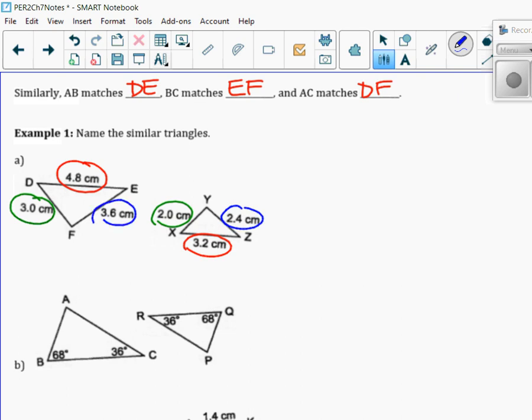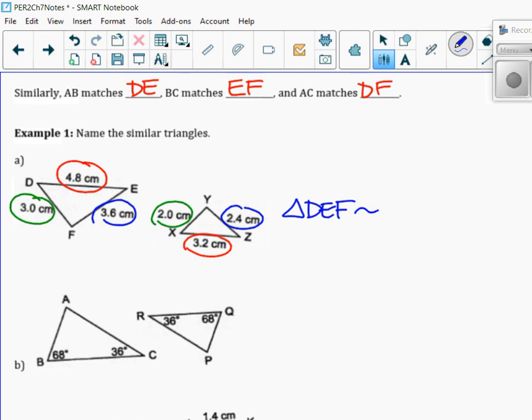So I'm going to start with the left triangle, and I'm going to go in alphabetical order. So, triangle DEF. So I'm doing alphabetically this way. And then, does everybody see DE is going through the red circle, which means I need to go through the red circle for the other triangle.